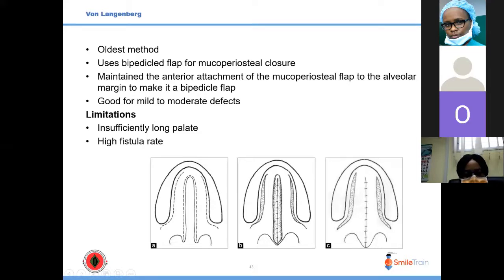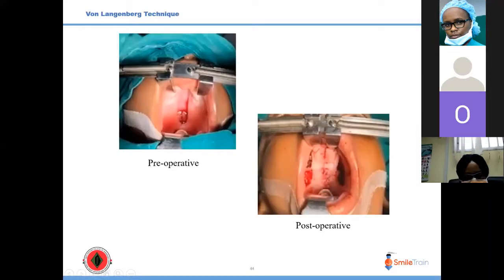With this one, you may not be able to realign the muscles very well. So this is a picture of a cleft palate, not too wide, and this is the end product of the von Langenbeck's technique. This is the defect from the lateral incision, which is usually packed.